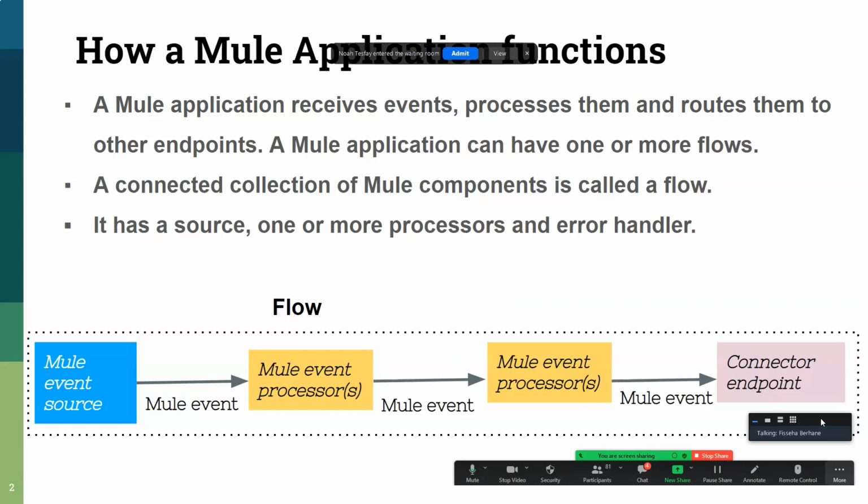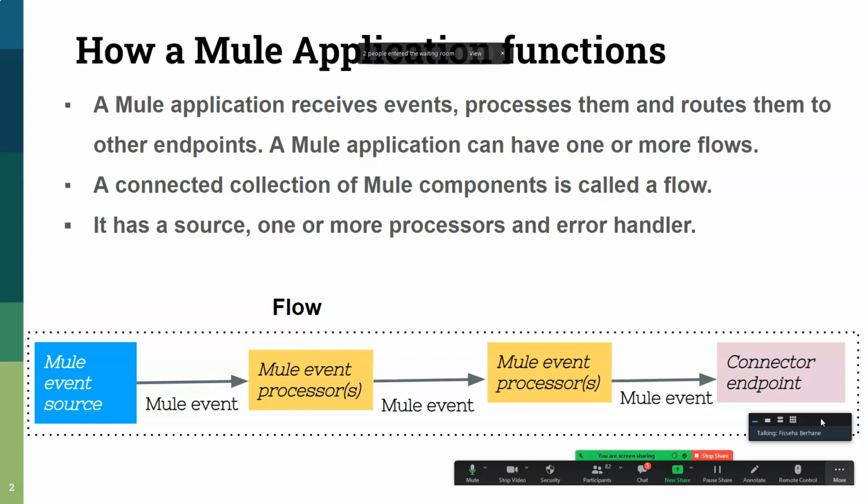It has a source, which triggers or starts the flow, which is an endpoint, and one or more processors. We can have multiple processors. It could be a very complex flow based on the business logic. There are also ways to make the flow chunk by chunk, and then one flow calls the rest of them.